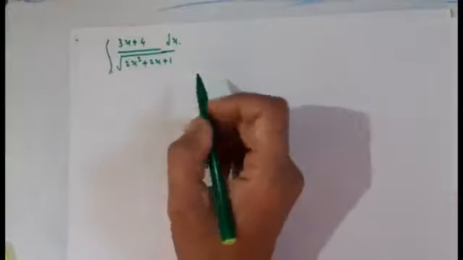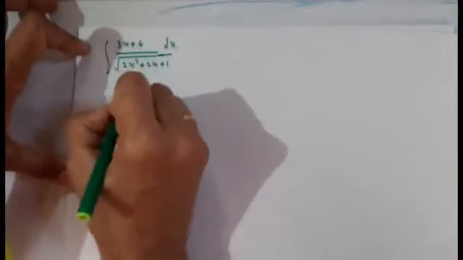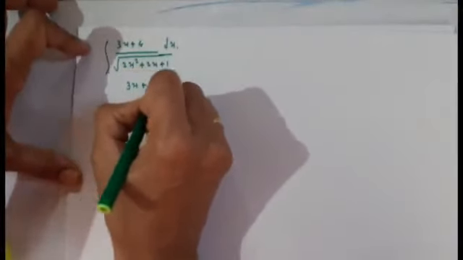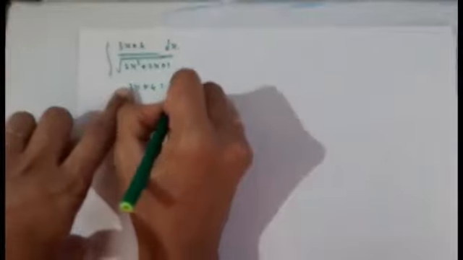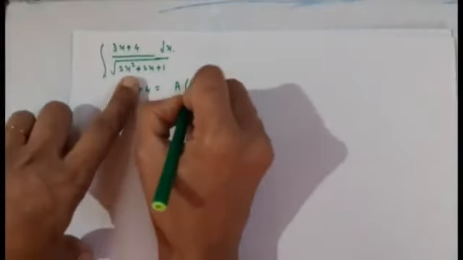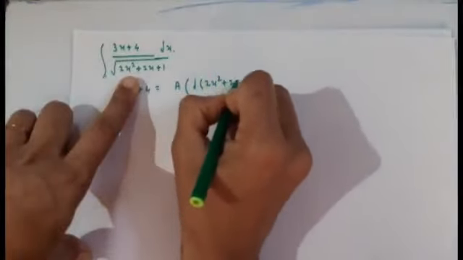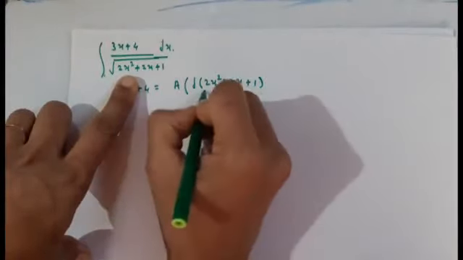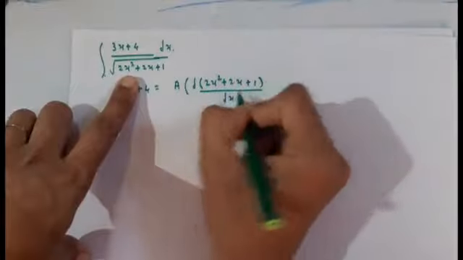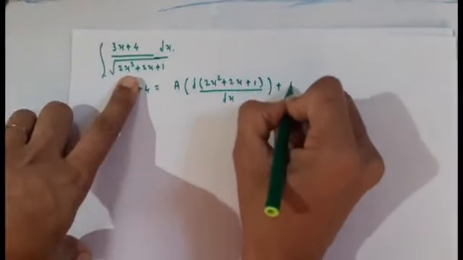Okay students, again we have to convert this into the form where the numerator 3x plus 4 equals a into the derivative of 2x square plus 2x plus 1 with respect to x, plus b.